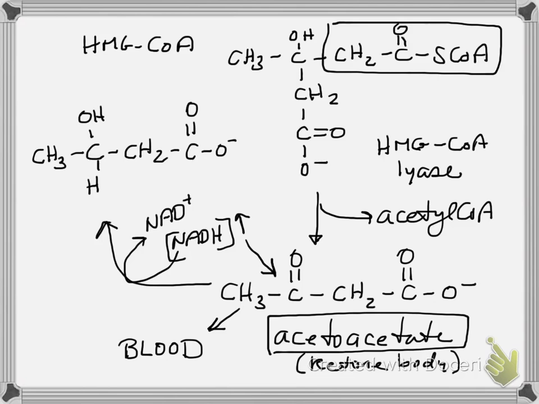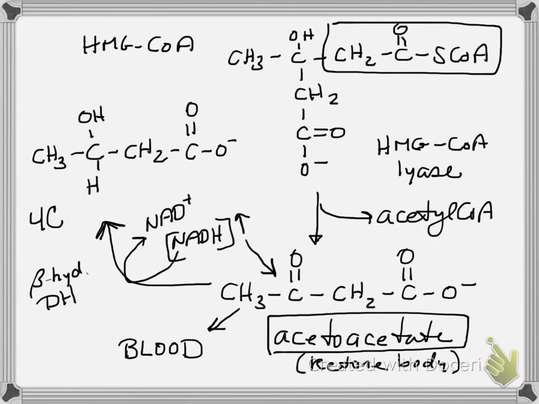So if we take advantage of this and reduce this carbon by beta-hydroxybutyrate dehydrogenase, using all of that rich NADH in the mitochondrial matrix, we can reduce this carbon and put an alcohol group on there. And so this becomes beta-hydroxybutyrate. Butyrate because we have 4 carbons.